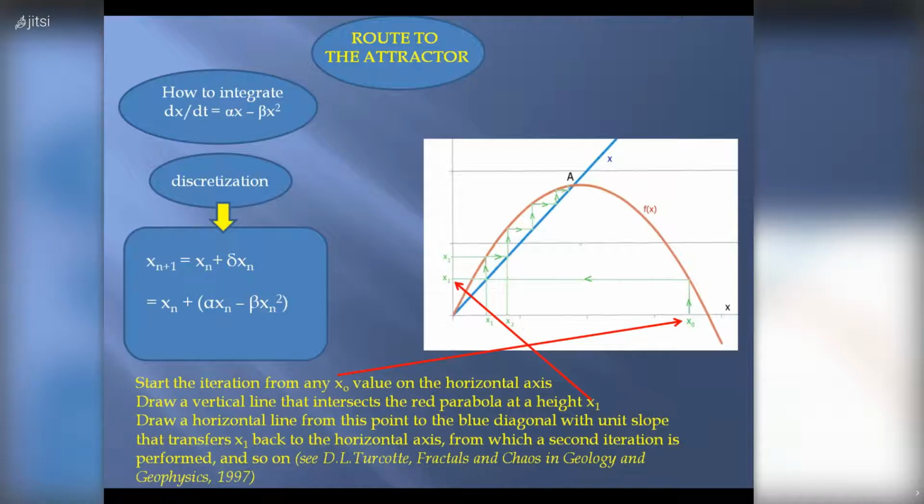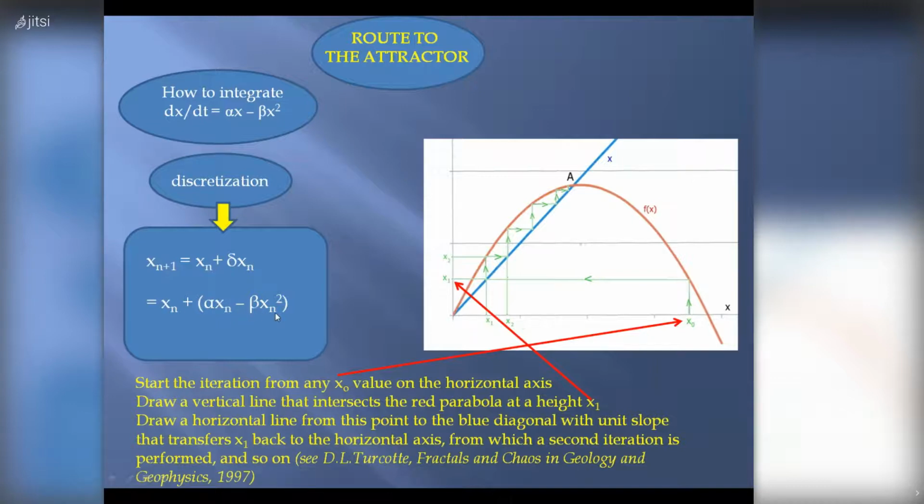And this delta xn, by definition, is the value of the derivative, dx over dt, which is alpha x minus beta x squared. So you just replace delta xn here by the bracket alpha xn minus beta xn squared.